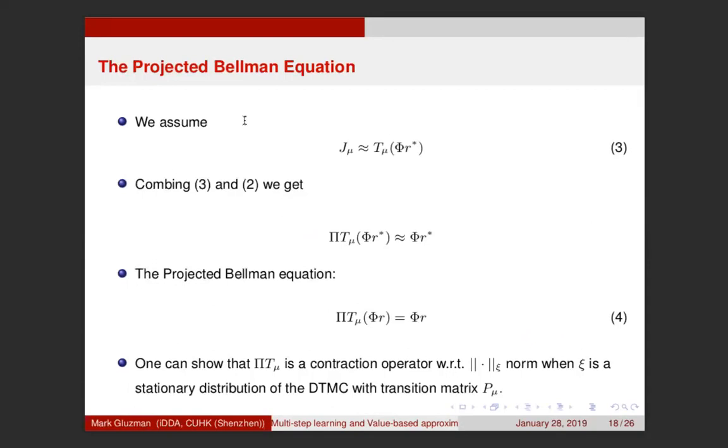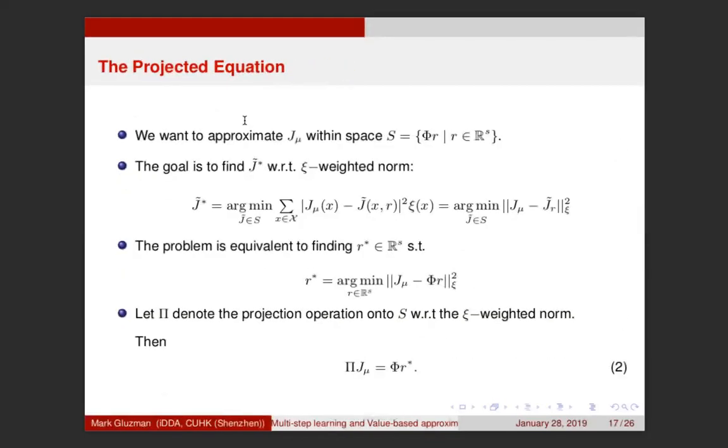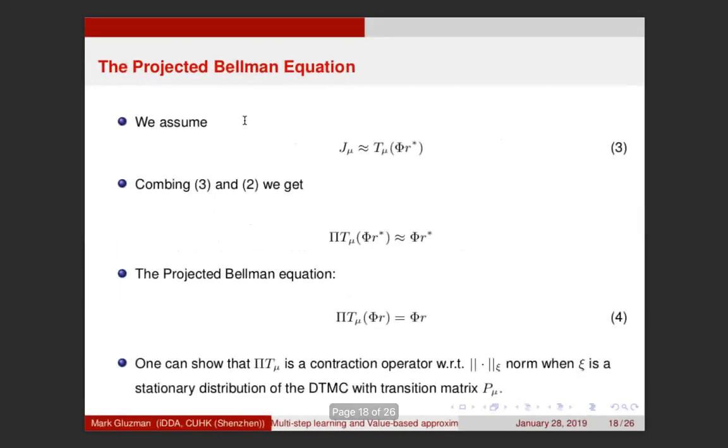So now our goal is to solve the projected Bellman equation. One can show that the combination of projection and the Bellman operator T mu is a contraction operator with respect to the C-weighted norm that we have considered earlier. But these weights have to be equal to the stationary distribution of the Markov chain associated with the policy mu.